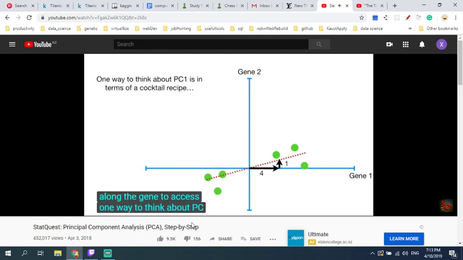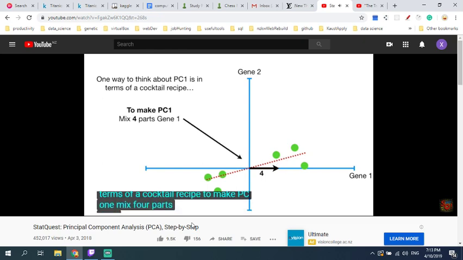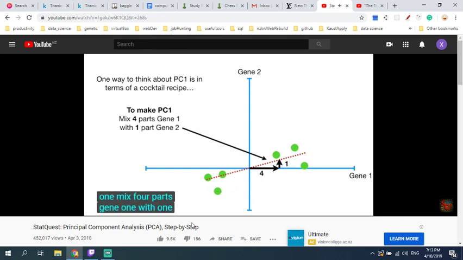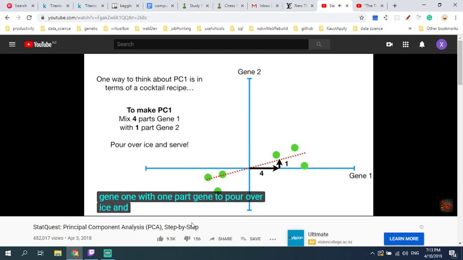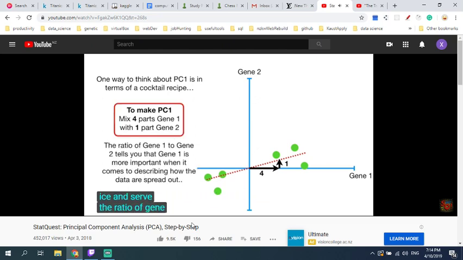One way to think about PC1 is in terms of a cocktail recipe. To make PC1, mix 4 parts gene 1 with 1 part gene 2. Pour over ice and serve. The ratio of gene 1 to gene 2 tells you that gene 1 is more important when it comes to describing how the data are spread out.